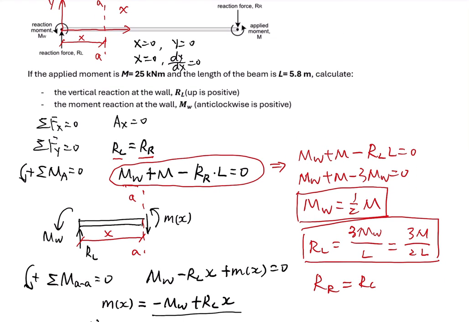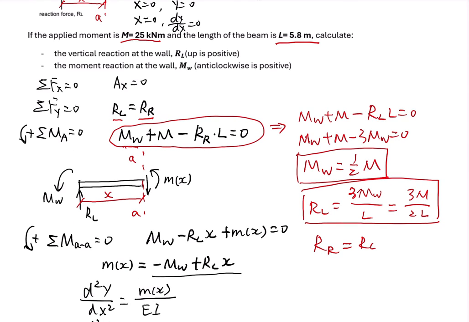In this question they said M is equal to 25 kilonewton meters, L is equal to 5.8 meters. So if we apply this information into these two equations, we can derive the vertical reaction force at the wall, RL, and we can derive the moment reaction at the wall, MW.